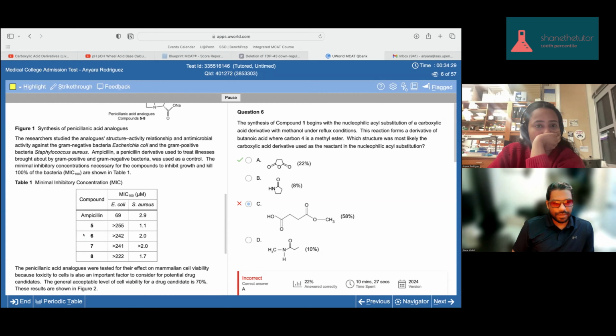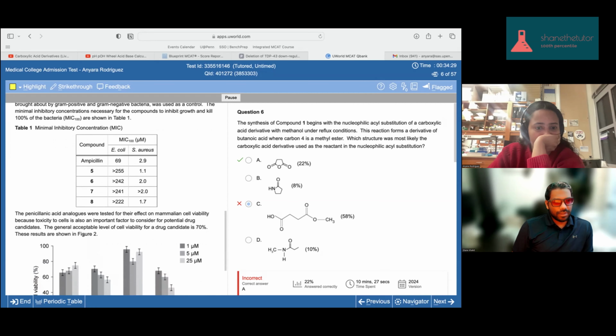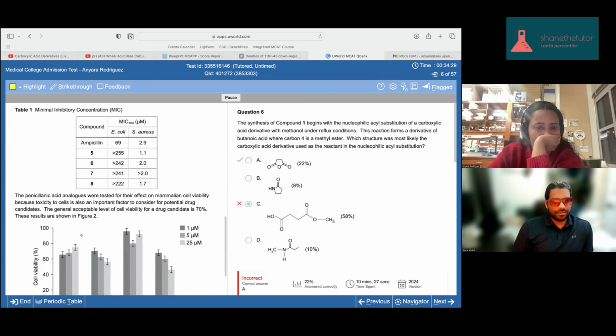And then we have the variants 5, 6, 7, 8, and we see that the MIC 100 for E. coli goes up substantially, which means that it's no longer working very well. For the gram positive one, it's going down slightly, so that could be working better in some of these analogs.